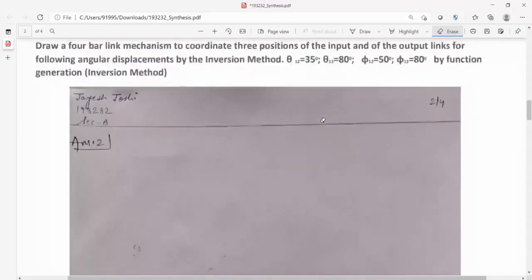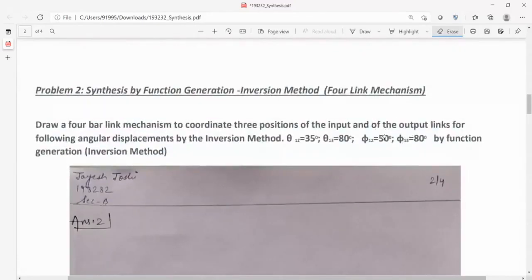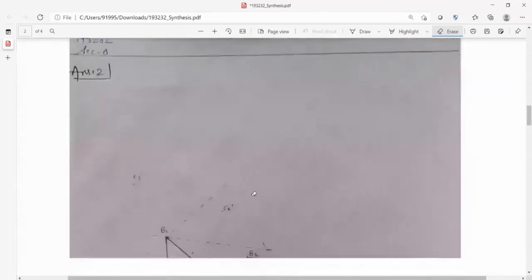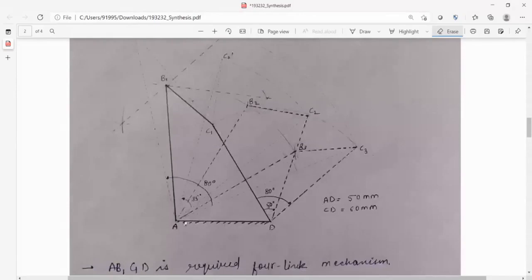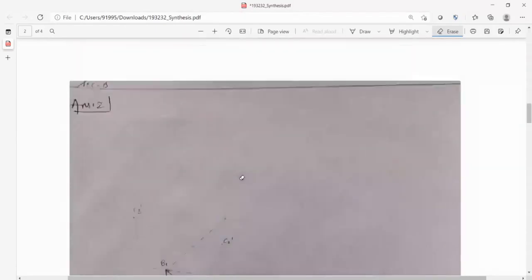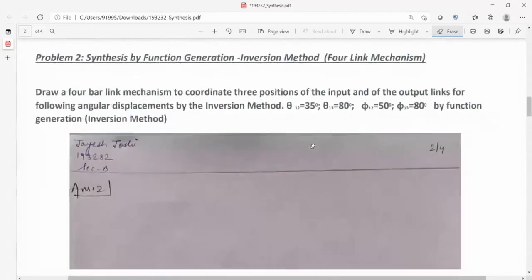So this will be our output links. So we have rotated by 50 degree and 80 degree. And now we are required to locate point C2 dash and C3 dash. For this, what we are going to do is we will join AC2 and AC3. Then we will rotate AC2 by an angle of 35 degree, which is the angle of input link.